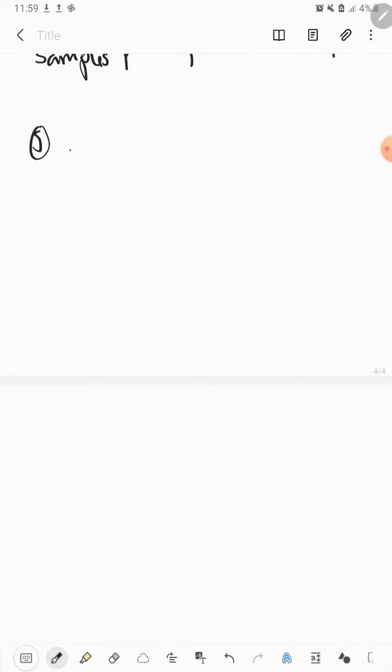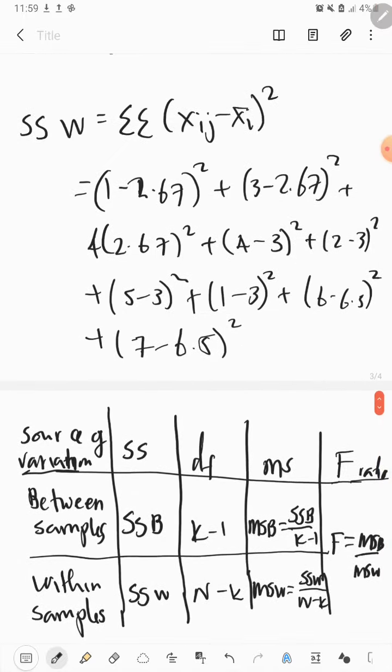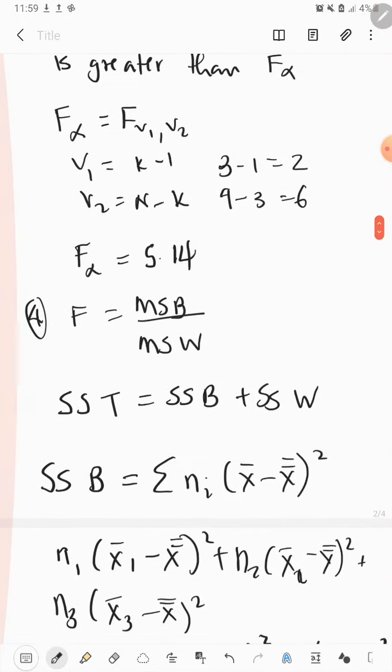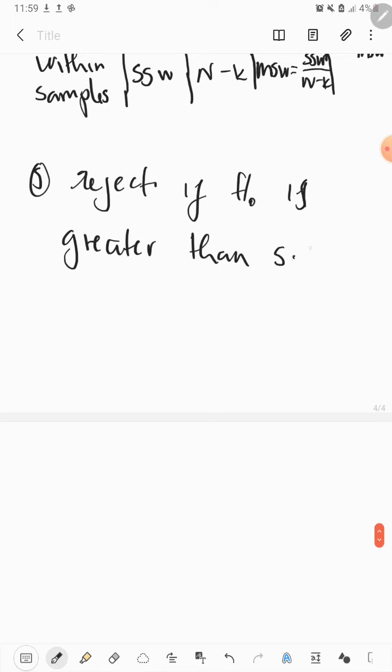So depending on what you find, you either reject H naught if F is greater than 5.14, and then make a conclusion.